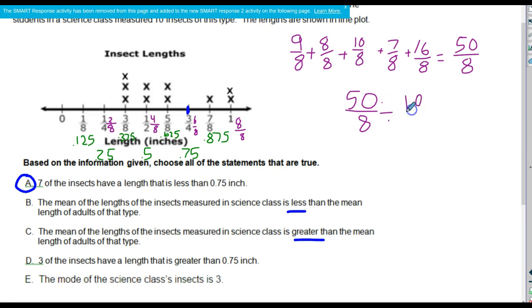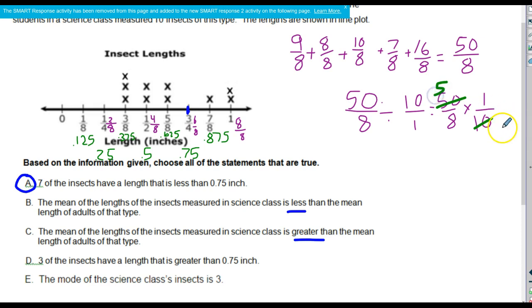I'm going to turn 10 into a fraction as well by putting it over 1. We know that we can keep, change, flip, and to do that I have 50 eighths. I'll keep that the same. I'll change my sign to multiplication and then flip my second fraction. There we go. So now I can do a little something like cross simplifying. This 10 and this 50 get crossed off.